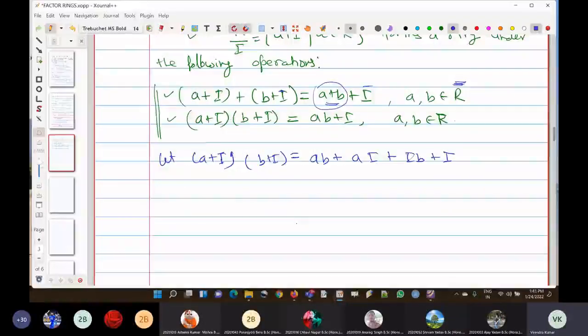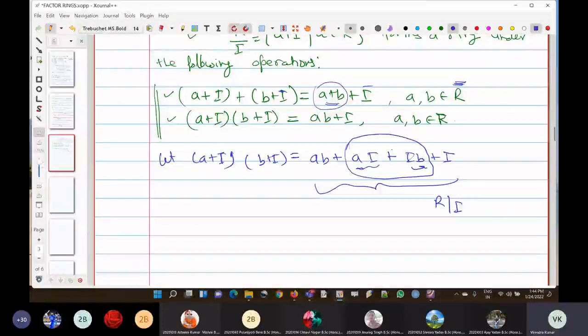Here A is an element of R and B is an element of R. So if this is going to be a member of R by I, these two things should belong to I.